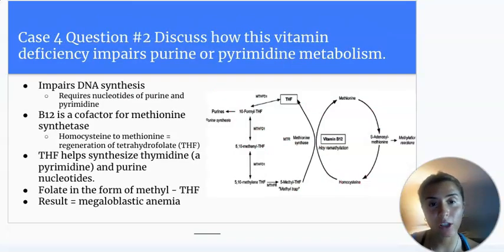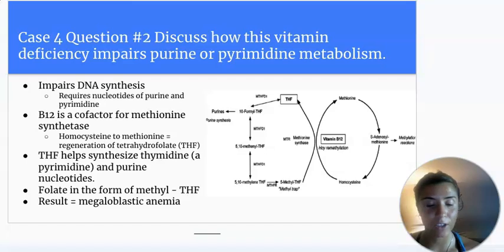The second question of Case 4 asks to discuss the vitamin deficiency and how it impairs purine or pyrimidine metabolism. Vitamin B12 deficiency impairs DNA synthesis, which requires the nucleotides of purines and pyrimidines. B12 acts as a cofactor for methionine synthase, which is an enzyme that converts homocysteine to methionine, thus facilitating the regeneration of tetrahydrofolate, also known as THF.